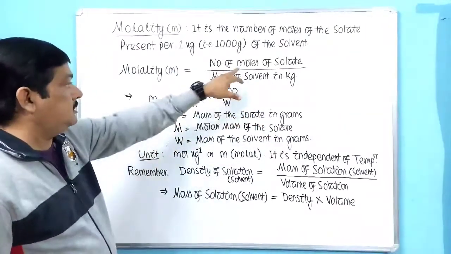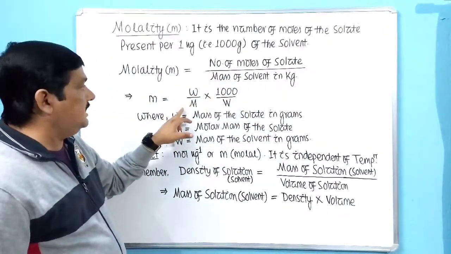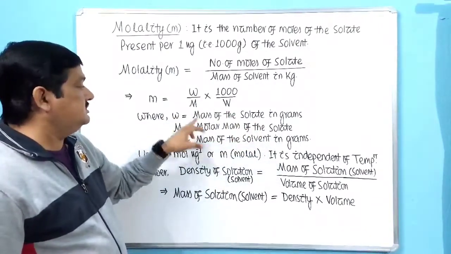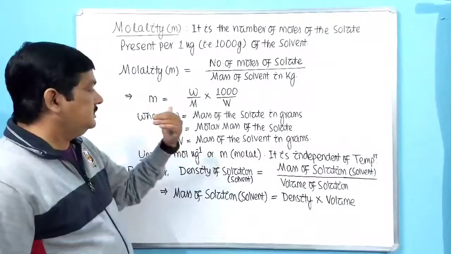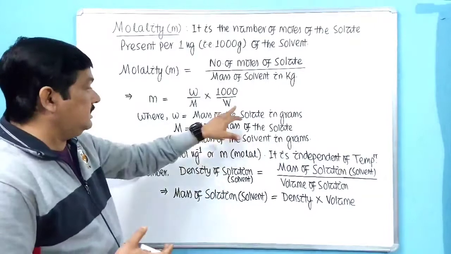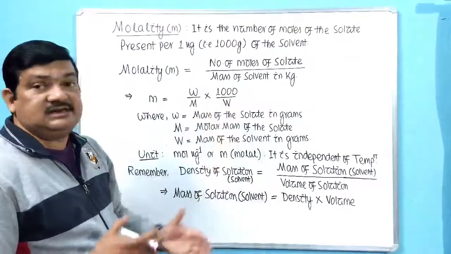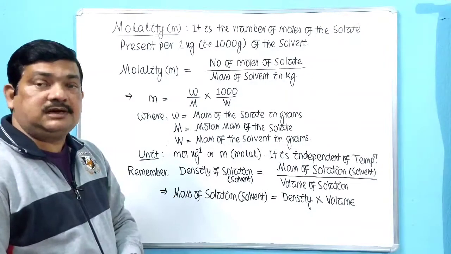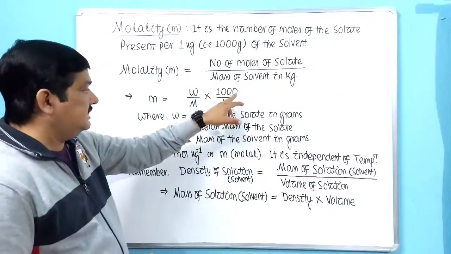So if we put the formula, what is the number of moles of the solute? It is w by M, where w is the mass of the solute in grams and M is the molar mass of the solute, into 1000 by W, capital W. Per kg, that means we have to convert the mass of the solvent into kg. How can we do it?